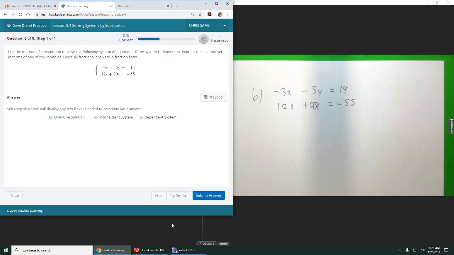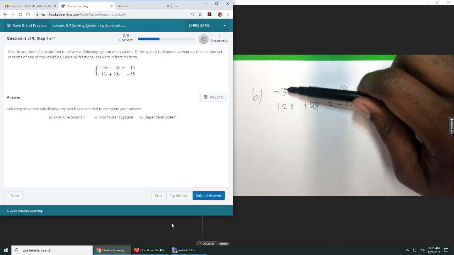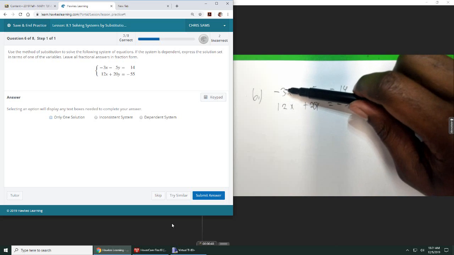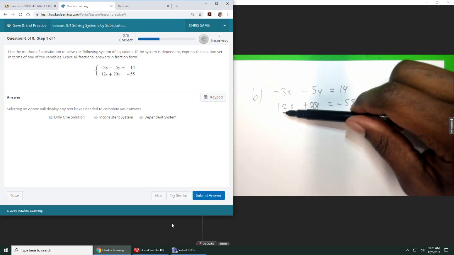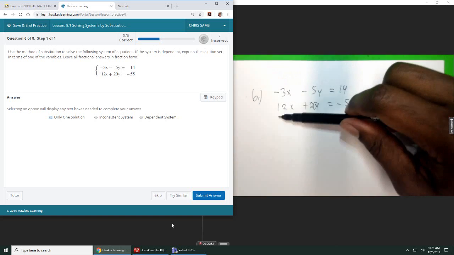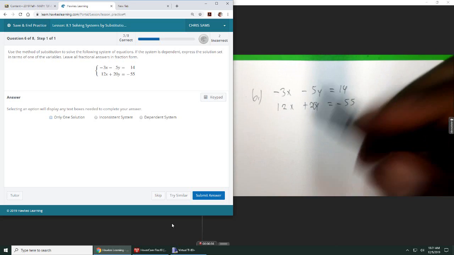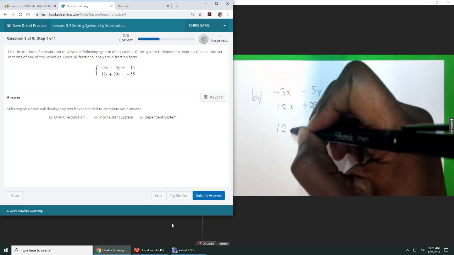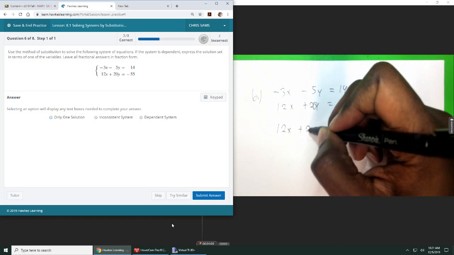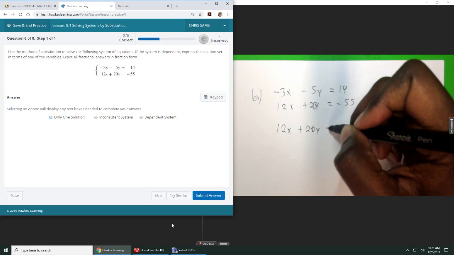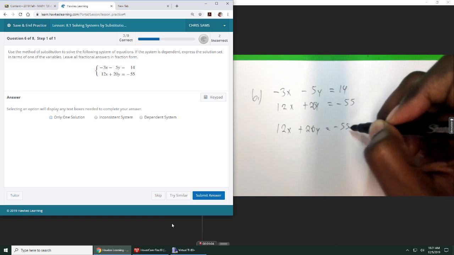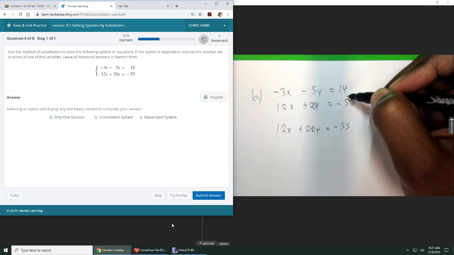Okay, so this time we're going to eliminate x, smaller number to deal with. If we multiply by 4, it will be 12, and then they will already be opposite. So I don't even have to manipulate the second equation. So I'm going to write the second equation down.